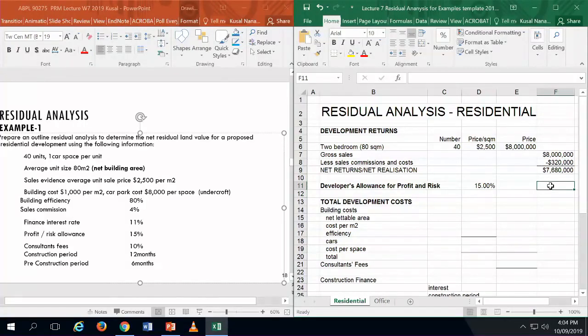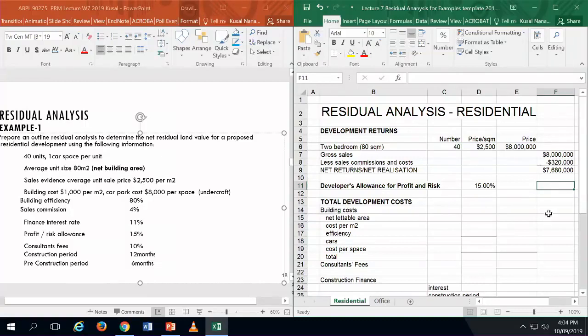Listen, normally 15% profit is on the cost. How much is the cost? We don't know. That's why we are going backwards. 15% profit on the total development cost, but we don't know the cost.